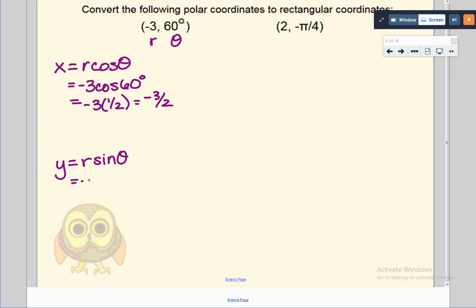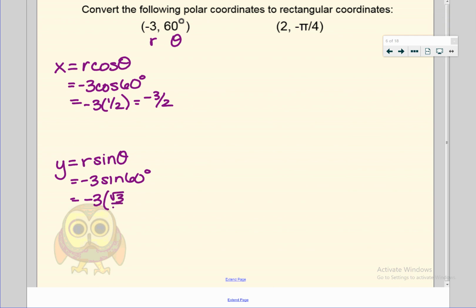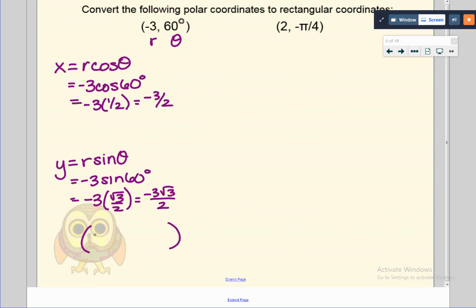R sine, -3 sine 60 equals -3 times what's the sine of 60? Rad 3/2. And I get -3 rad 3/2. So that coordinate, -3, 60 degrees, if I graph it on a polar graph with all the circles, I will see it in the same position as if I graphed this point on just an XY plane.